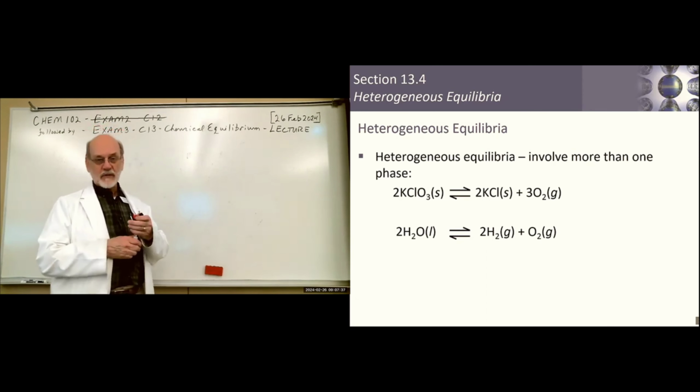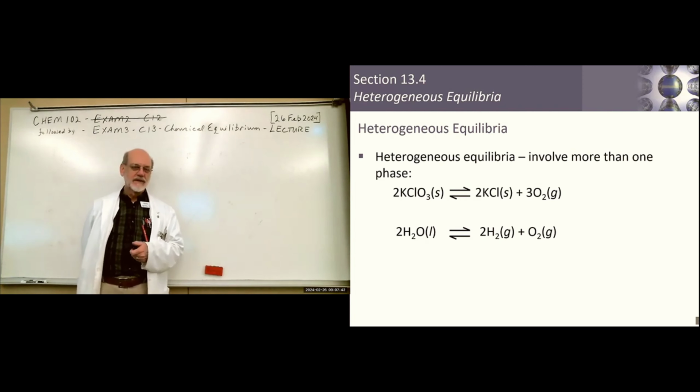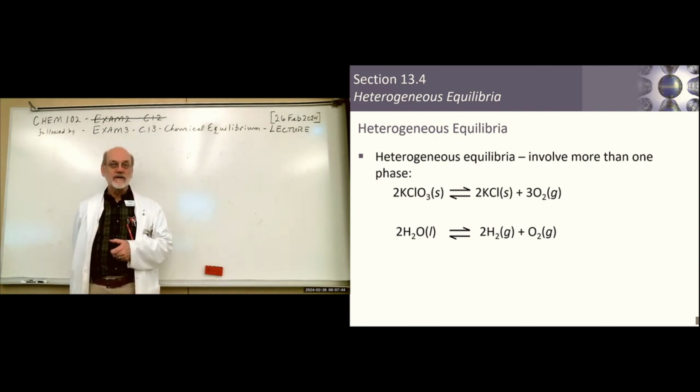We used to do this in the lab as a joke. We dissolve potassium chlorate in water, fairly concentrated, and then we dribbled it on the floor, and it would dry to solid potassium chlorate. And all you needed was a little bit of physical shock, and it would decompose into potassium chloride and oxygen gas.